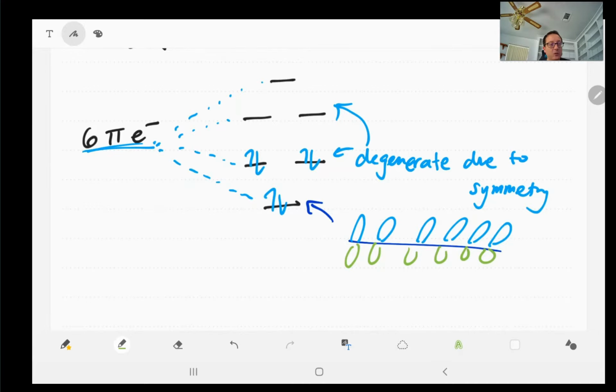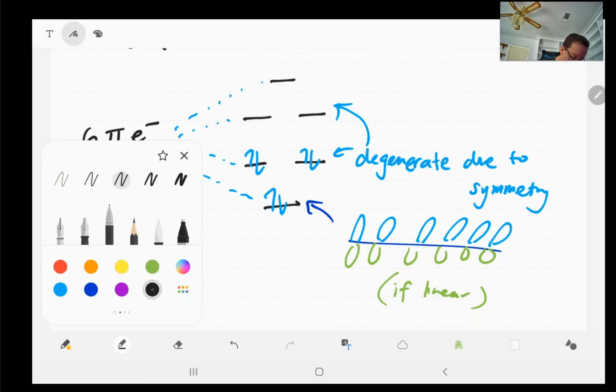If it were linear like that, it would look like this molecule. But imagine now it's just a ring, so instead you have all of these.